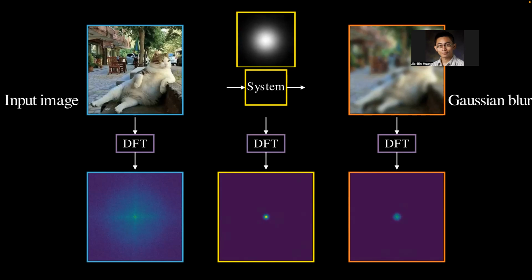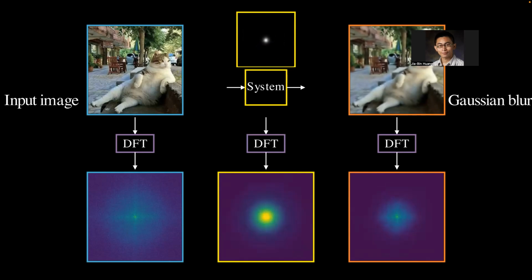You can see that the frequency representation shrinks. If you have more blur, it shrinks; if you have a smaller blur, it gets wider. So this is how you can understand that applying a Gaussian blur with a larger standard deviation corresponds to controlling how much frequency you want to remove.